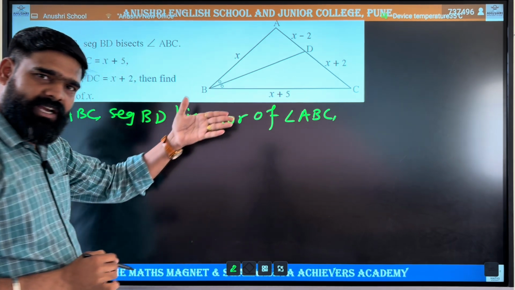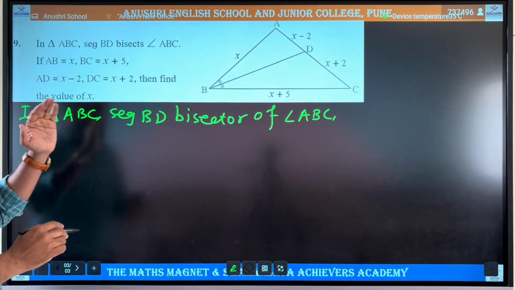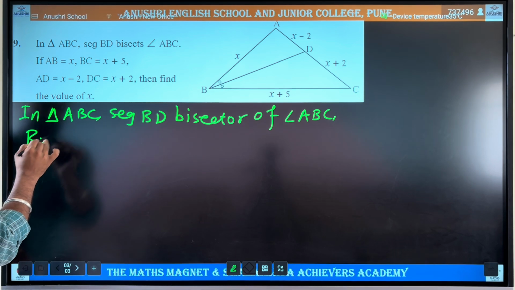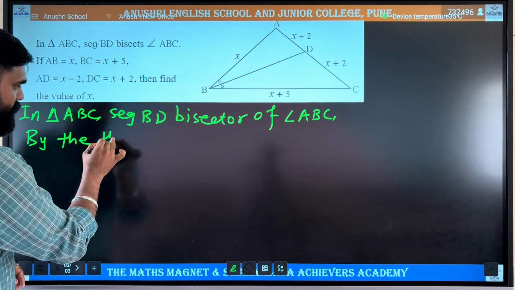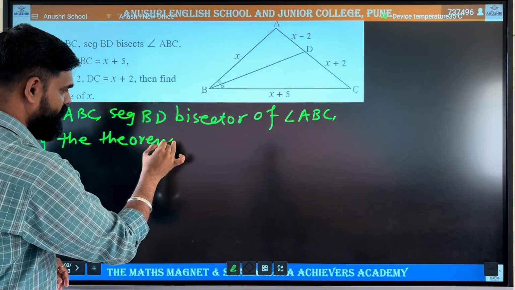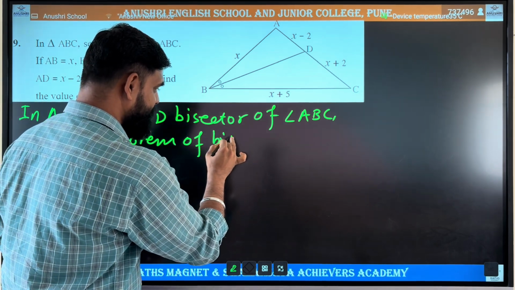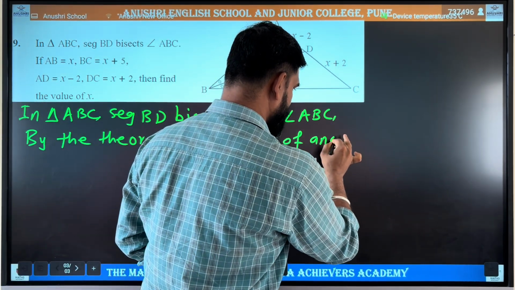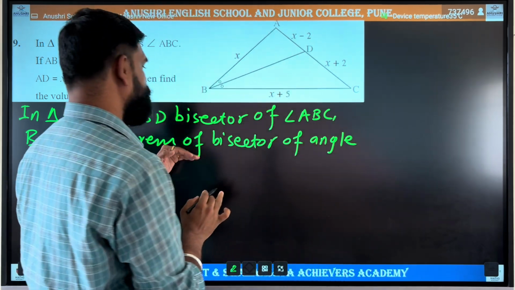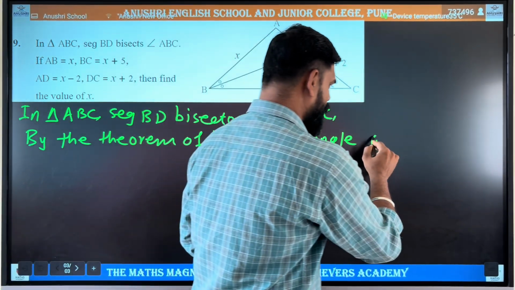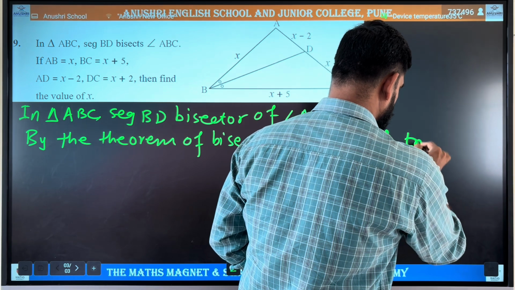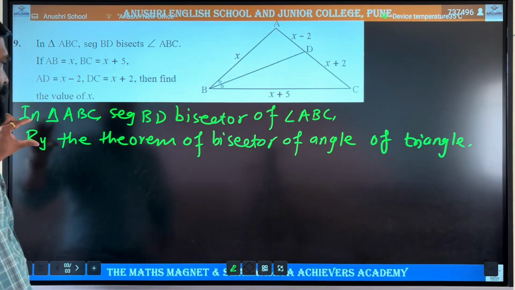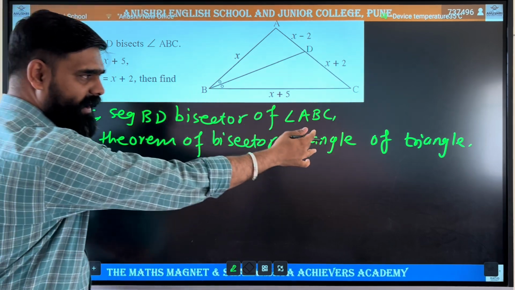By this given information we can directly use the theorem of the bisector of an angle of a triangle.